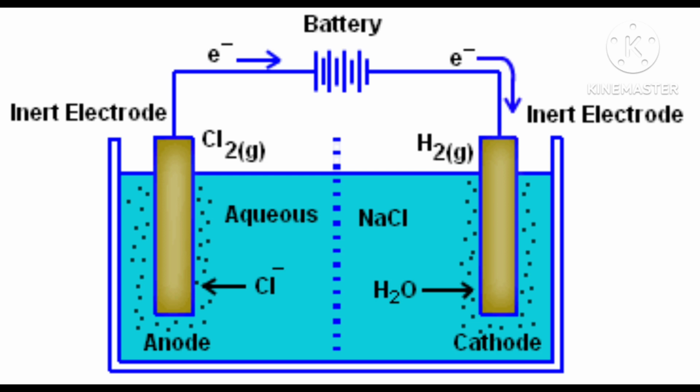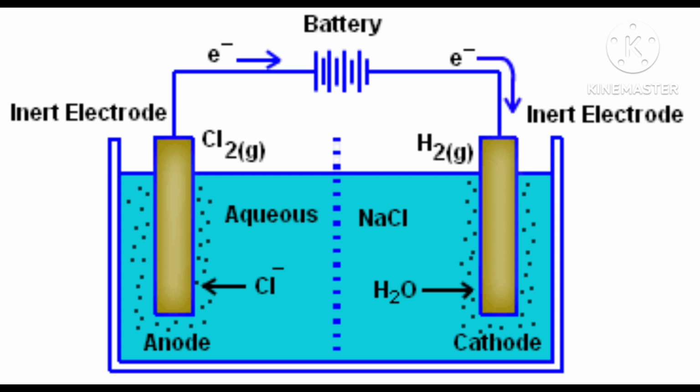Here you have to understand this first law: the amount of chemical reaction which occurs at any electrode during electrolysis by a current is proportional to the quantity of electricity passed through the electrolyte.